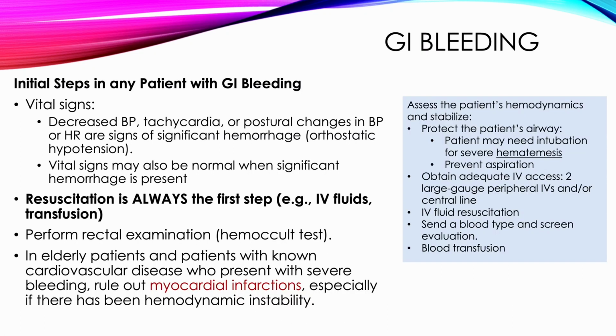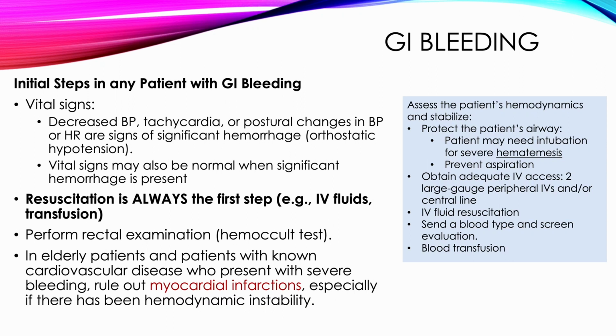So again, we're going to go through this multiple times. I want to make sure we get it down. Initial steps in any patient with GI bleeding is resuscitation. Okay, it doesn't matter if they're stable now or not. The GI bleeders can become unstable very, very quickly. So we do have to assess vital signs, and keep in mind that initially, some vital signs can be normal.